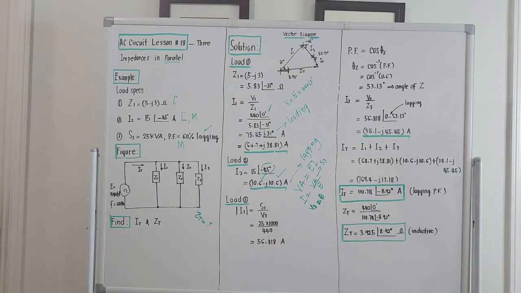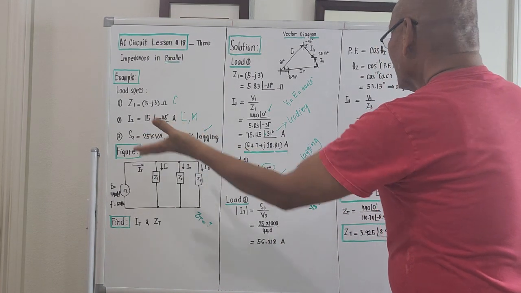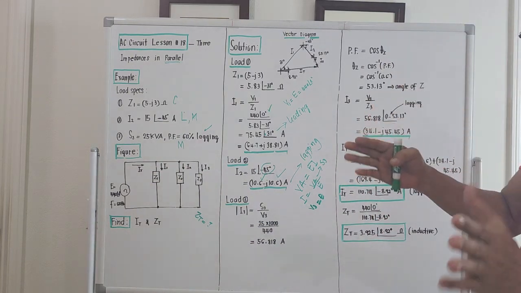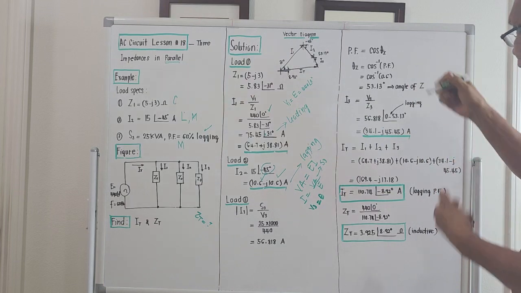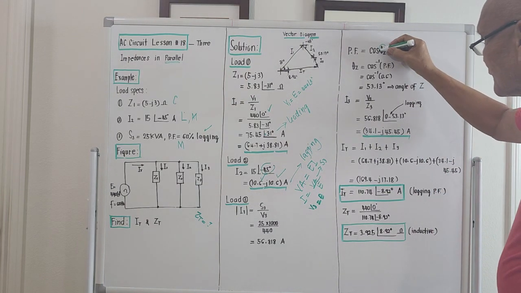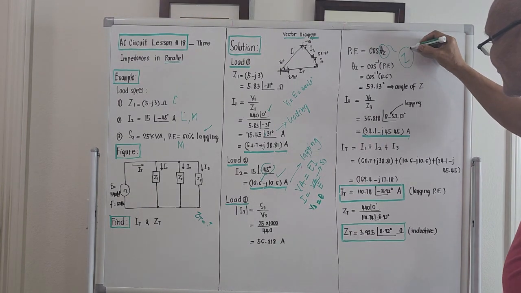We know the angle because the power factor is given, right? One of the definitions of power factor is actually cosine of theta z. Theta z is actually the angle of the impedance, right?